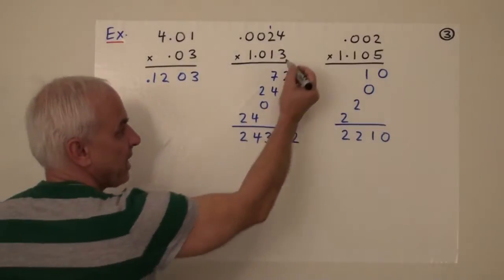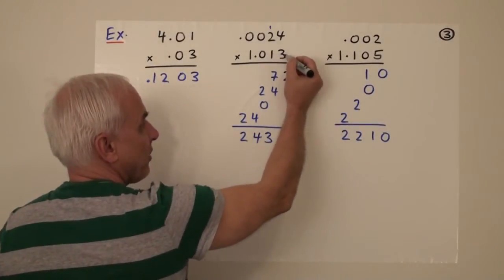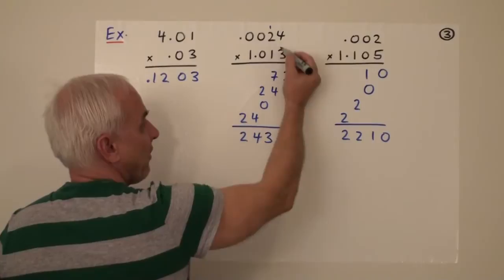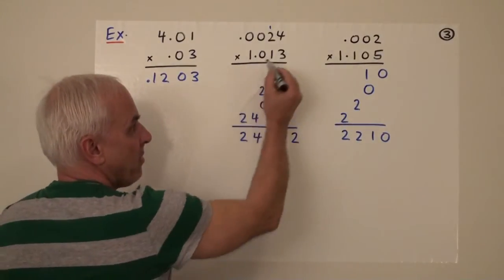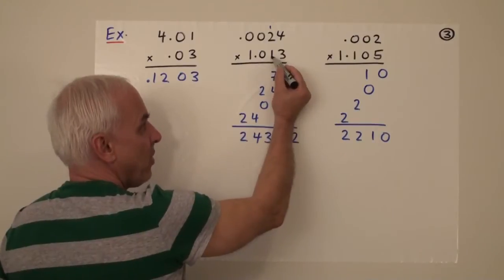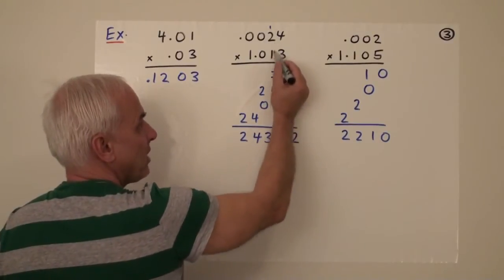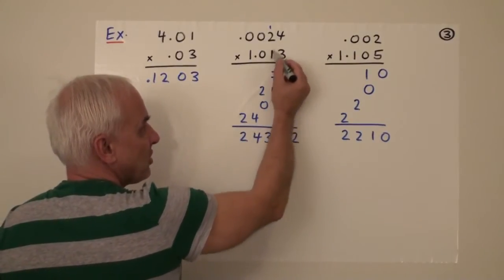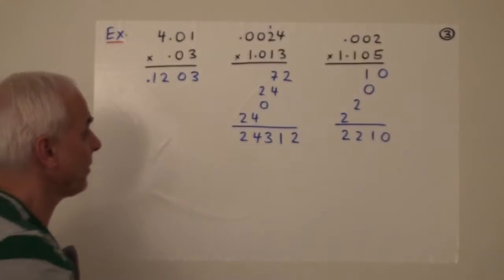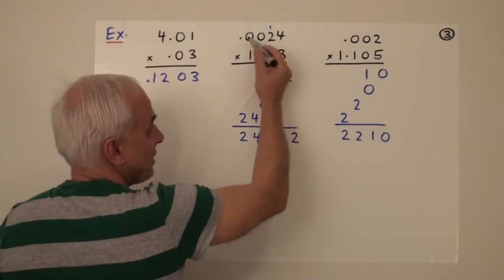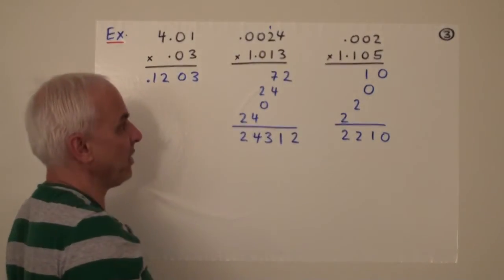So we start the multiplication by multiplying by 3. 3 times 4 is 12, carry the 1, 3 times 2 is 6, plus 1 is 72. Then we move over to multiplying by 1. 1 times 4 is 4, 1 times 2 is 2. So notice that we start the 4 in the tens column because the 1 is in the tens column. And then 0. 0 times anything is 0, so we'll just put that 0 there.